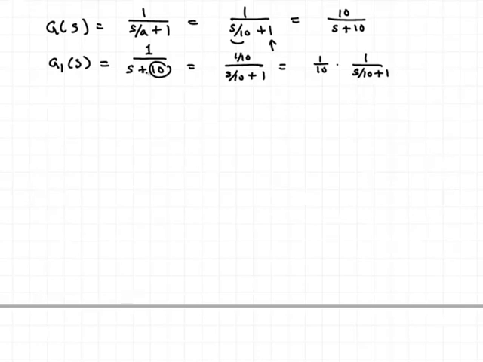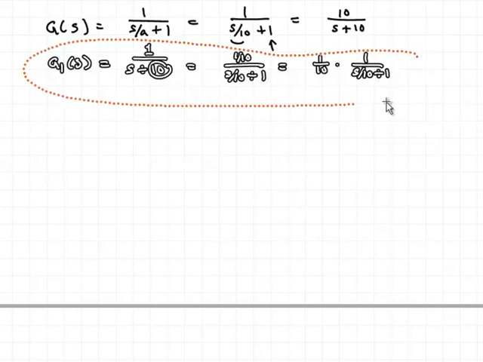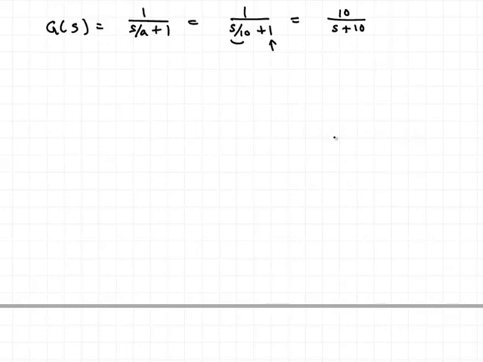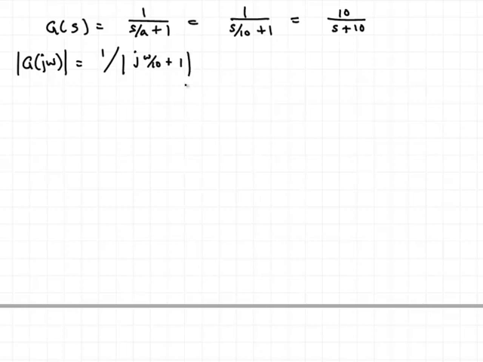Let's do the magnitude and the phase plot of our g of s here. So we have magnitude of g of j omega is equal to 1 divided by magnitude of j omega over 10 plus 1, right? And we already computed this, so let's just go ahead and draw this.